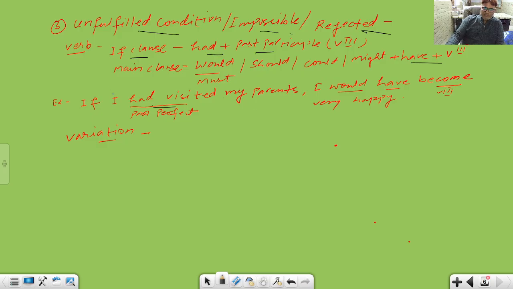Now see, past perfect tense, and here would have plus become. Now when we talk about the variation in this condition, what we can do is that if can be removed and had is placed in the beginning. That is the variation.